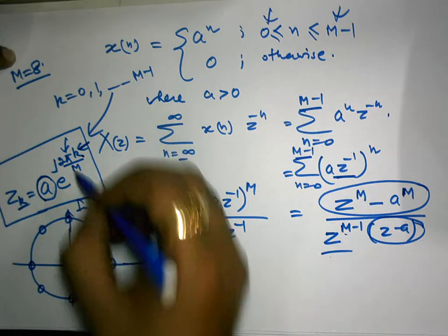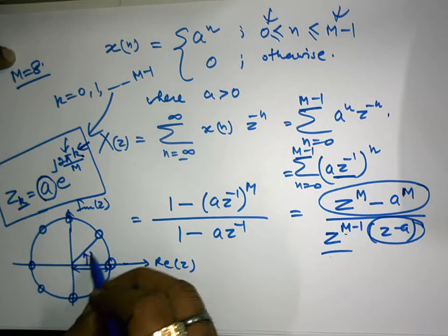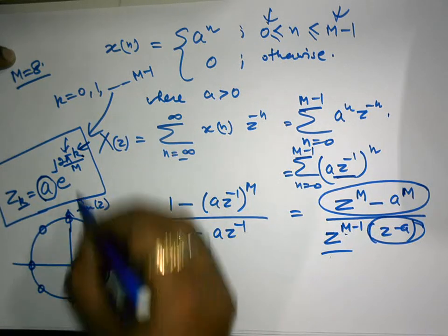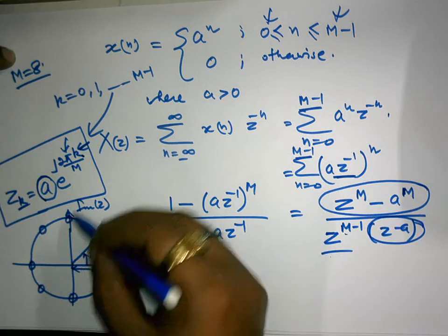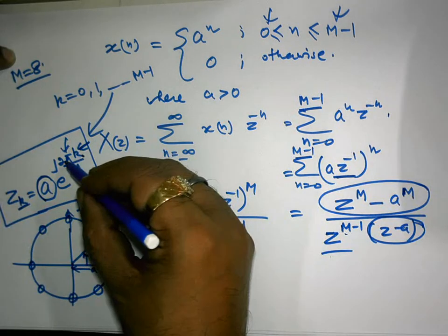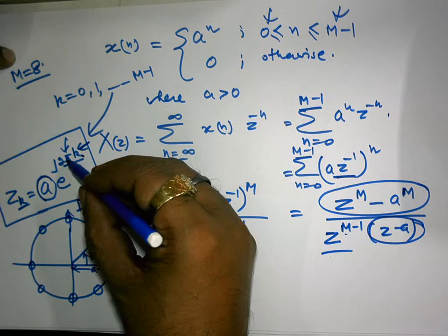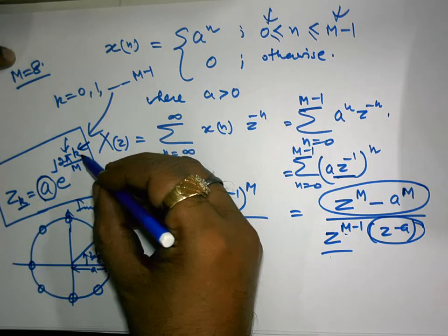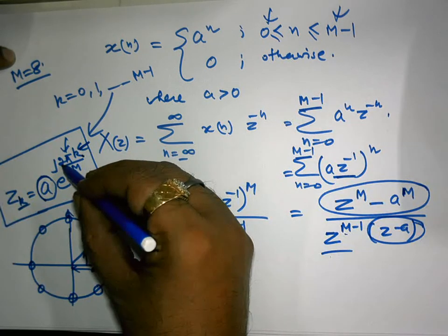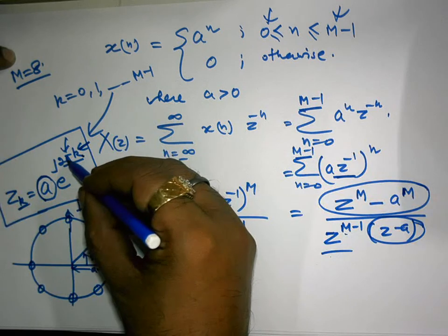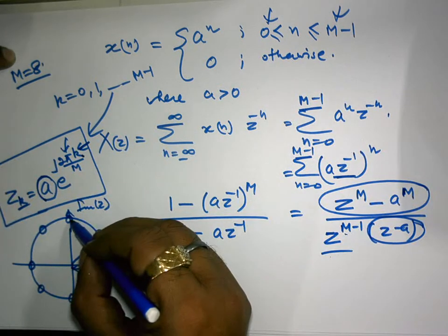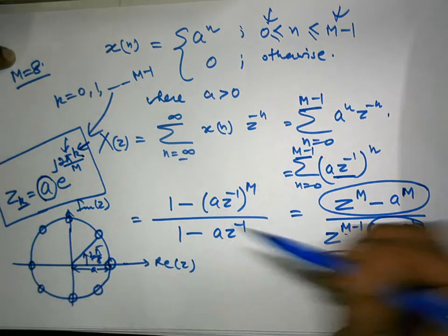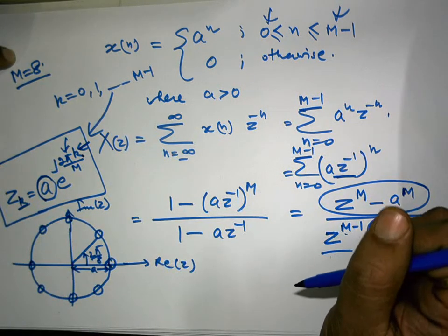This means it occurs at this angle, 2 pi over 8, since we put M equal to 8. For k equal to 2, it occurs at 4 pi over 8, as the factor 2 is multiplied over here. This means pi by 2, and it occurs at pi by 2. Okay. This way you can obtain the location of all zeros on this pole-zero plot.